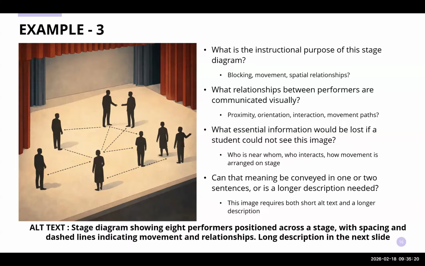However, because the specific parts and groupings are so vital to understand the scene's tension or flow, the longer description is definitely required. So let's see in the next slide what the longer description would be. Next slide, please.